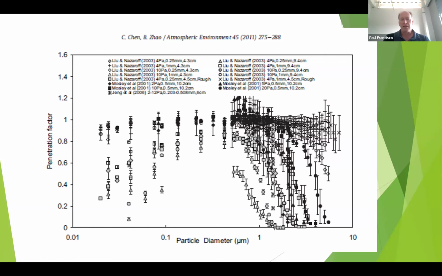So at some of these important size ranges, the penetration factor is really not just a function of how leaky the house is, not just a function of the crack size, but a function of the kind of driving forces we have.